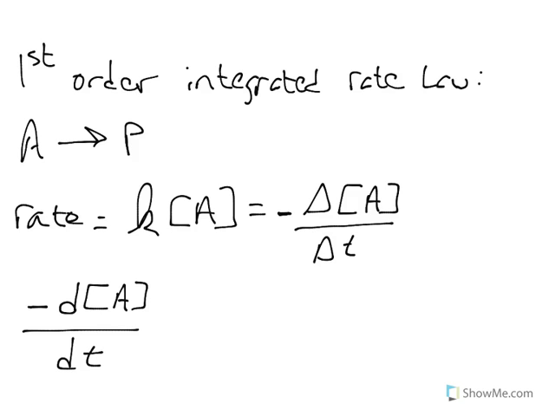All I've done is translated the end of that rate equation to an equation that looks more familiar to a mathematician. And I'm going to set it equal to the rate law. The next step is going to be actually rearranging.